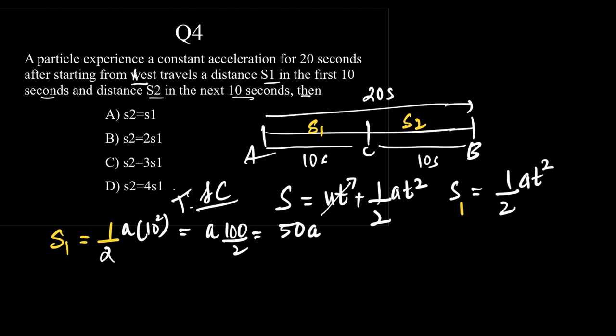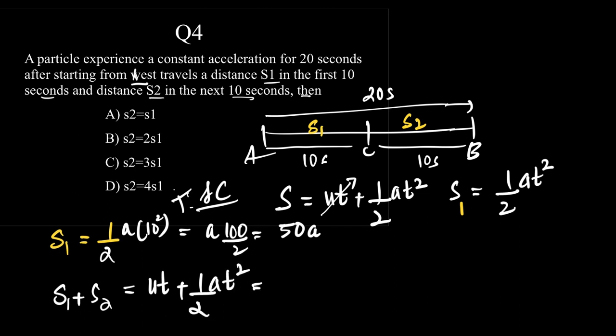Now, what is the next interval? If you take the next interval as s2, we don't have the values of the terms to find the correct equation. So what we'll do is take the complete length. The whole distance s1 plus s2 is now equal to, again, ut plus half a t square.